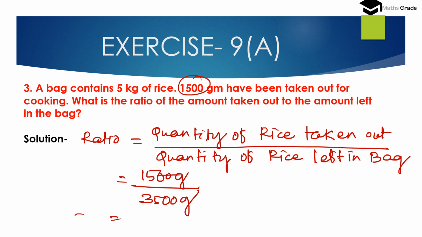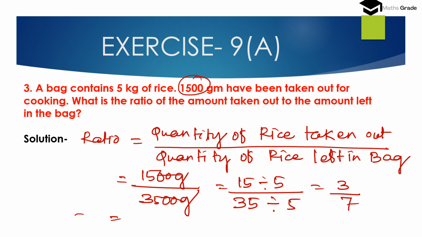Now cancelling zeros, between 15 and 35, 5 is the common factor. So divide the antecedent 15 by 5 and the consequent 35 by 5. We get 5 times 3 is 15 and 5 times 7 is 35.